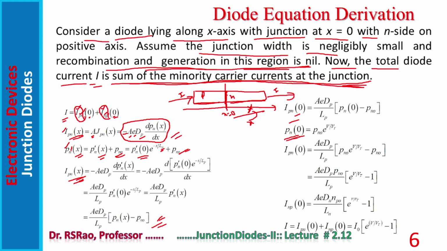But Pn(0) is equal to Pn0 e^(V/Vt). This relation is called law of the junction.